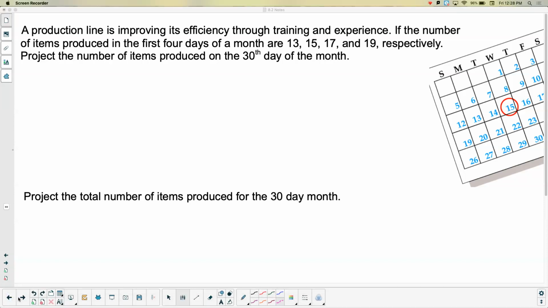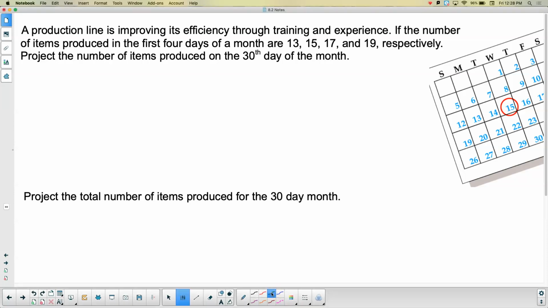All right, so we got 13, 15, 17, 19 as our sequence. We want to figure out the items produced on the 30th day.